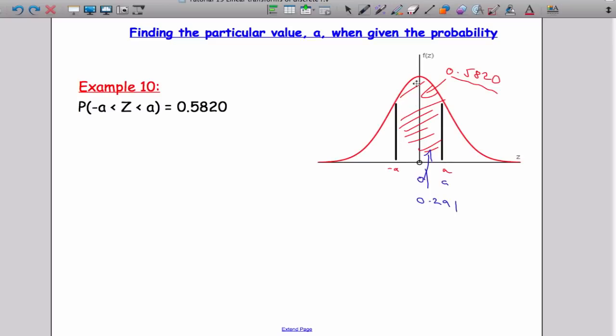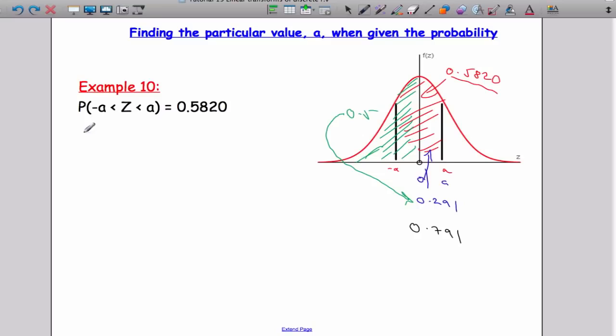and I also know that everything to the left of the 0, the total area to the left of the 0, has an area of 0.5. Now if I add this area onto the blue area, that gives me everything to the left of A. So I'm going to add on 0.5 to 0.291, which gives me 0.791.